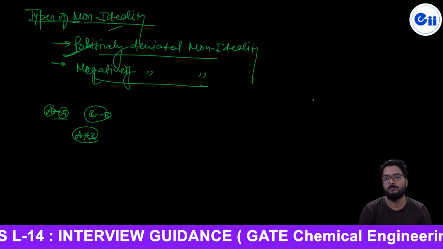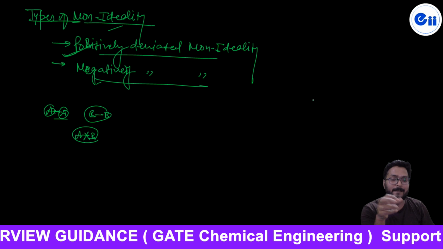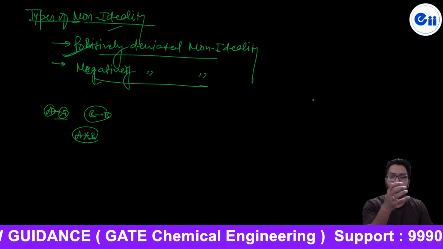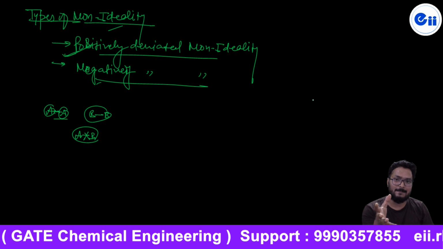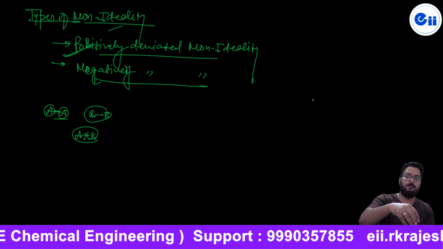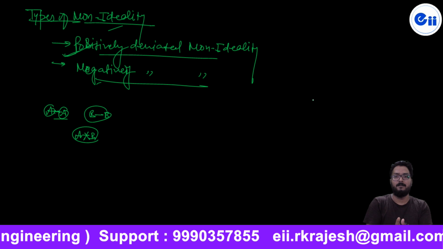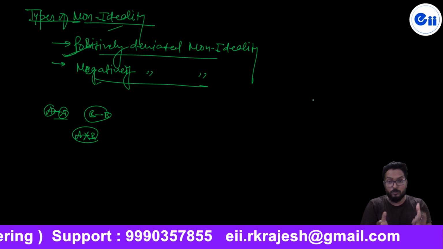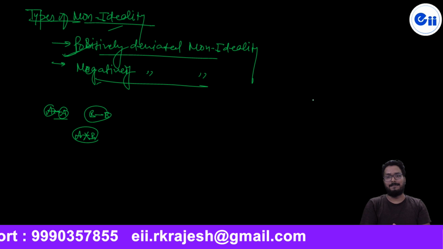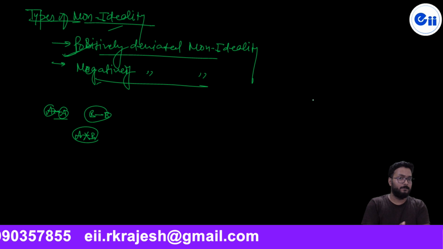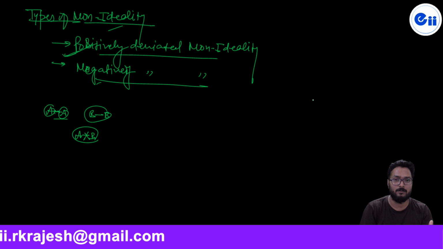Thermal conductivity of the alloy is lower than either of the pure materials from which it is composed. The reason is that whenever we add a foreign material into the pure species, the property of the pure species is disturbed. And that is the reason why the thermal conductivity of the alloy will be much lower than either of its pure species.